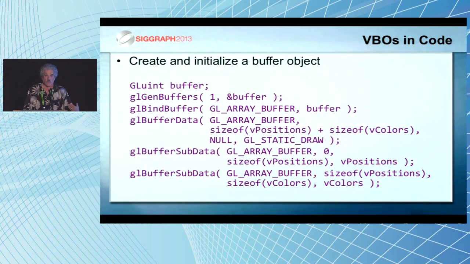If I'm going to send it over once and never send it again, versus an application where I may be sending data over and over again, the GPU itself might say, hey, if it's repetitive data, I want to store it this way instead of this other way. We're only sending it over once, so GL_STATIC_DRAW is fine for us. And the NULL here says I'm not sending anything over. All this is doing at this point is reserving the storage.